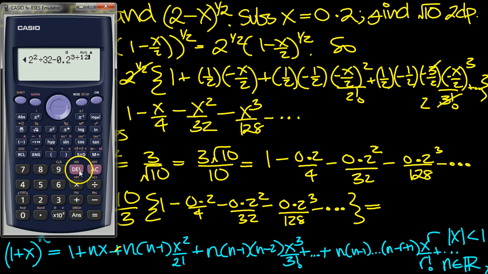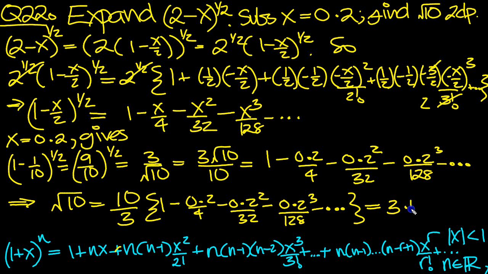Oops. It does help to move down to ground level. 0.2 cubed divided by the 128. There we go. Equals. Let's get the decimal. 3.16 to 2dp. And that was to 2 decimal places. So that's root 10 then. I think we're at a sufficient level of accuracy to have gone down to the cube term here.